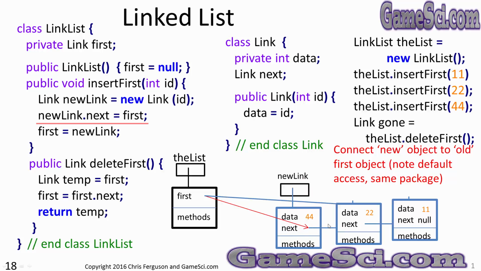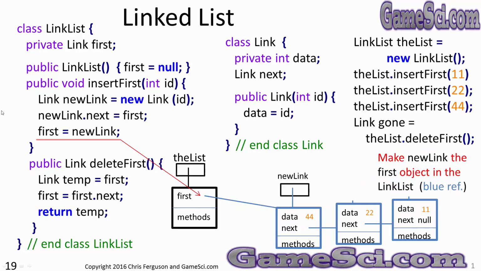Can you see the chain developing? I'll then say first equals new link. What does that line of code do? Well, new link is this reference right here. See that blue line? New link is right there. I want first to equal the same thing. So first will point to the same object that new link points to. This object with data equals 44 is now the first object in the linked list.